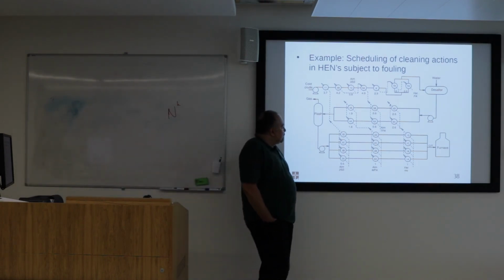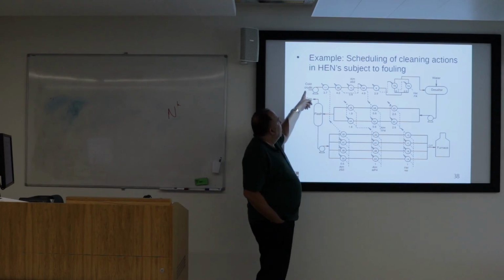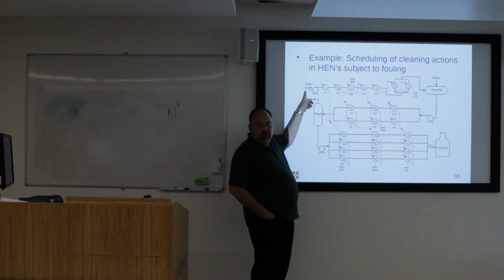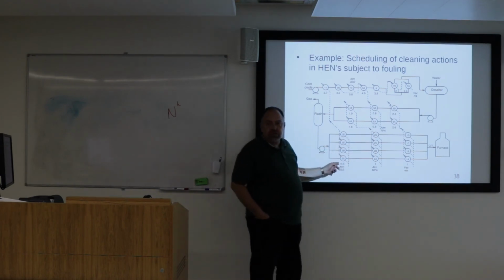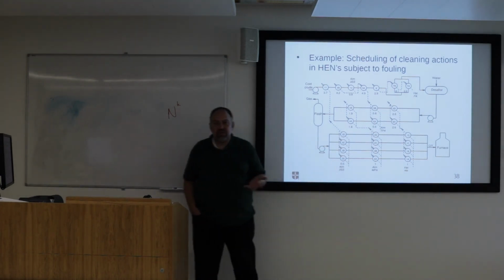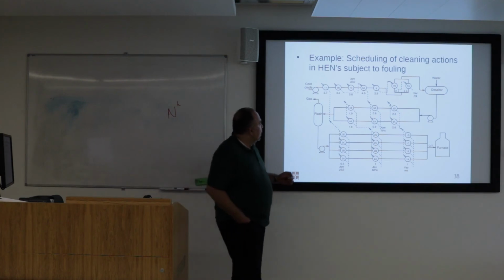We have this, I think, 25 heat exchanger network, which is the preheat train of cold crude oil. You want to preheat it with various hot streams that are available, the pump arounds from the distillation columns.